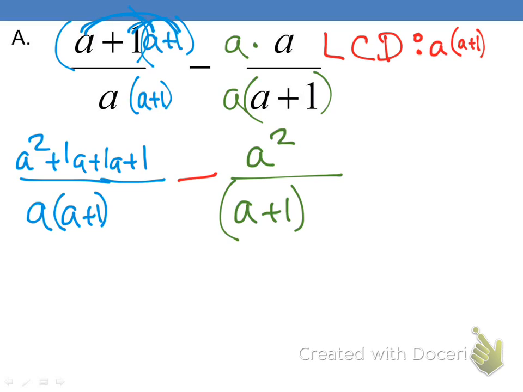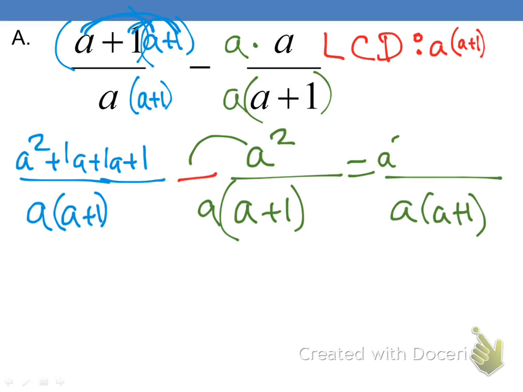All right. Now I am going to go ahead and put these guys together. So do you see how the denominators are the same now? When the denominators are the same, you can add or subtract the numerators. In this case, we're subtracting, right? So I have A squared plus 2A plus 1, and then the minus A squared.